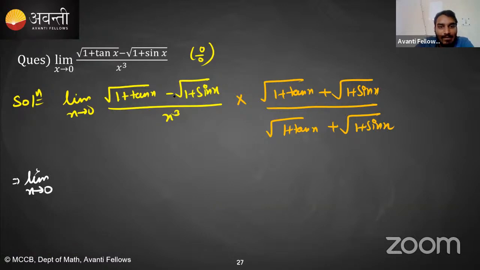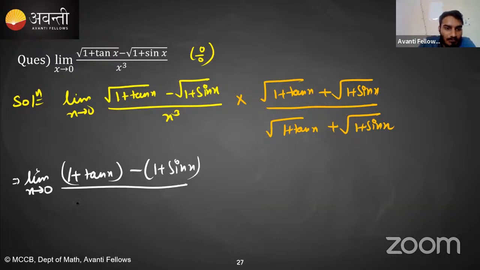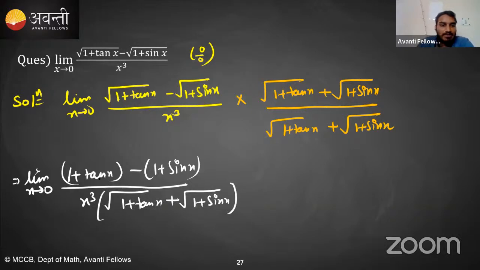What is this? a minus b into a plus b is a square minus b square. So a square minus b square upon x cube into under root of 1 plus tan x plus under root of 1 plus sin x. Clear? So this is nothing but tan x minus sin x.